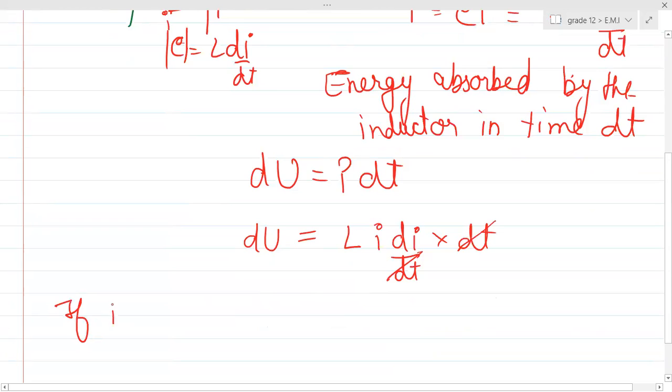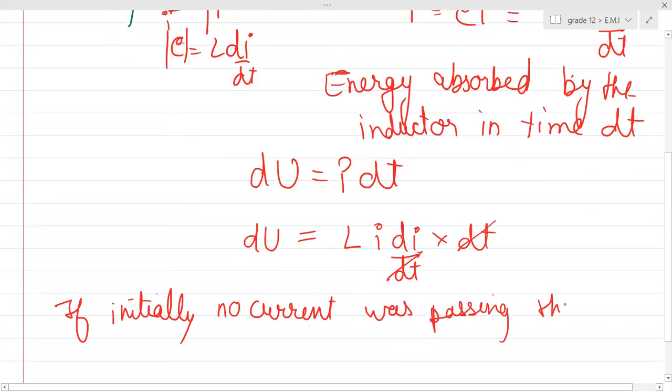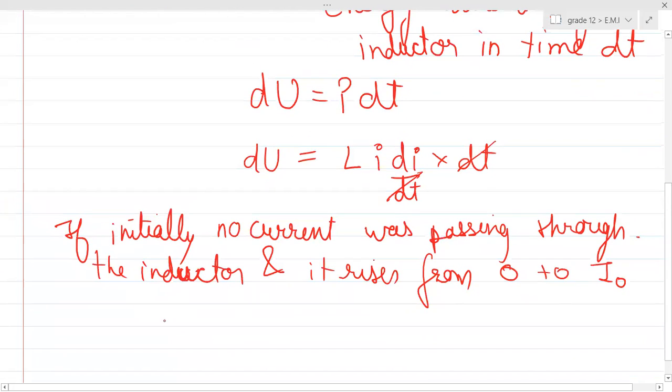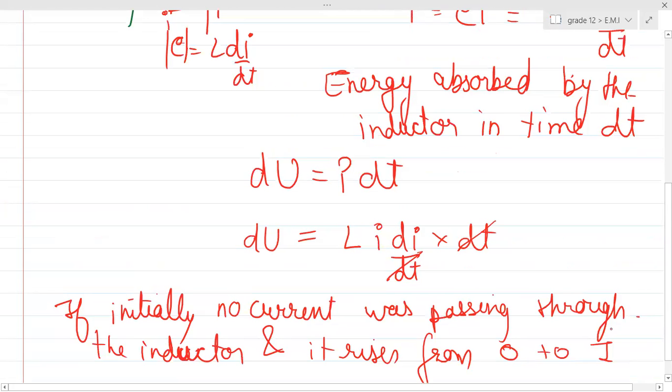Initially no current was passing through the inductor, and it rises from 0 to, let's say, capital I. I is the general current at any instant, and let's say from 0 to I it has increased.